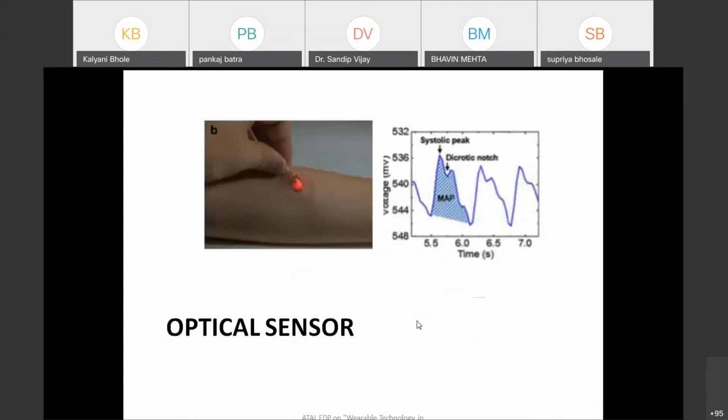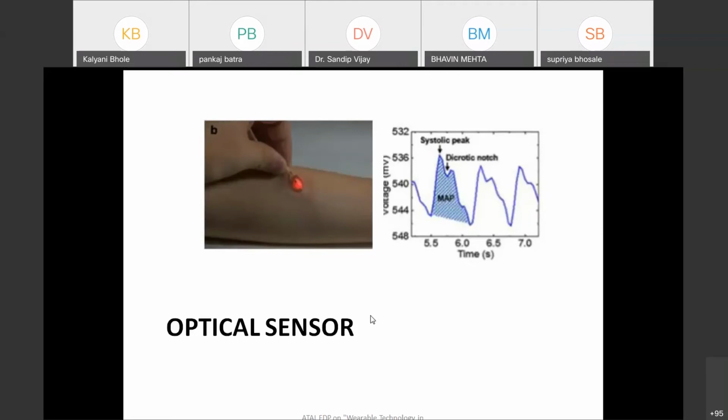So let us discuss optical sensors now. When we think of optical sensors, our perspective is some LEDs, some type of light, red light, green light, IR at a bigger scale, and then we switch on that LED and off for a certain measurement, and we acquire that signal and calculate.